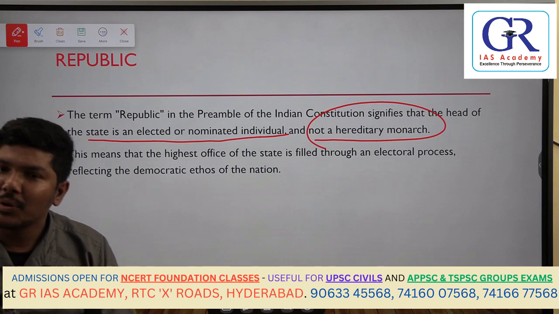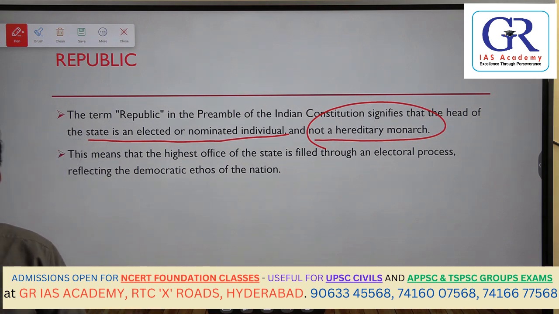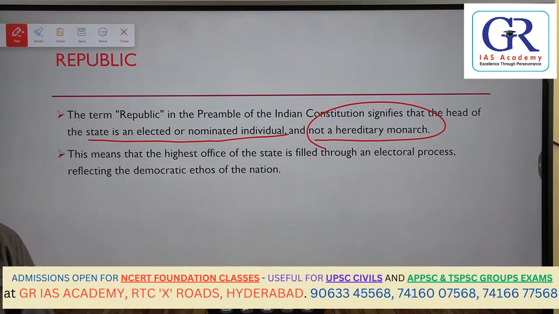Bhutan is one such example. And the Gulf countries, Qatar, Saudi Arabia, Oman, are all examples of monarchy because there the ruling is by the king. That is what a republic is.